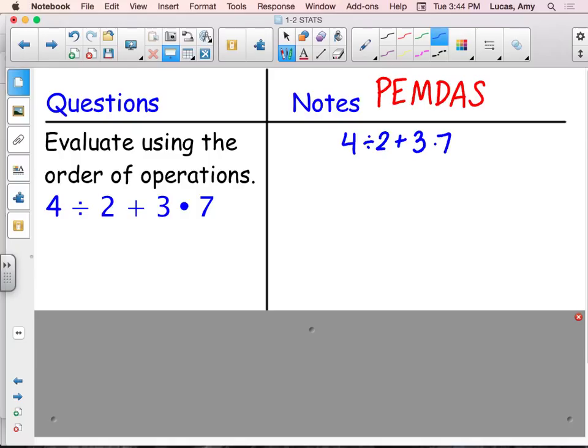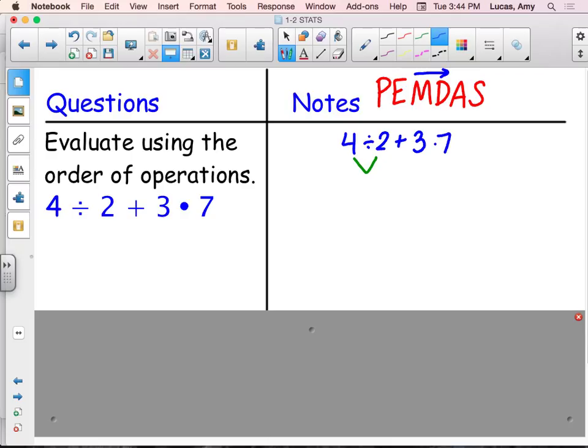I do not see any parentheses, and I do not see any exponents. So the step that I'm going to start with is multiplying and dividing. In multiplying and dividing, go from left to right. So the operation that I see on the left is actually dividing. So I'm going to divide first.